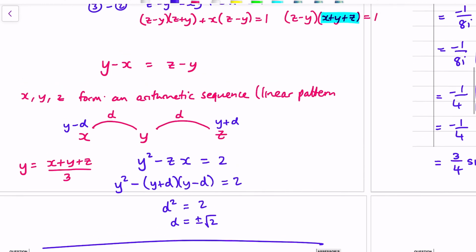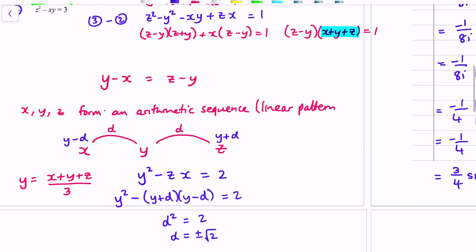And we had earlier that x plus y plus z came from this, the bit highlighted up here.